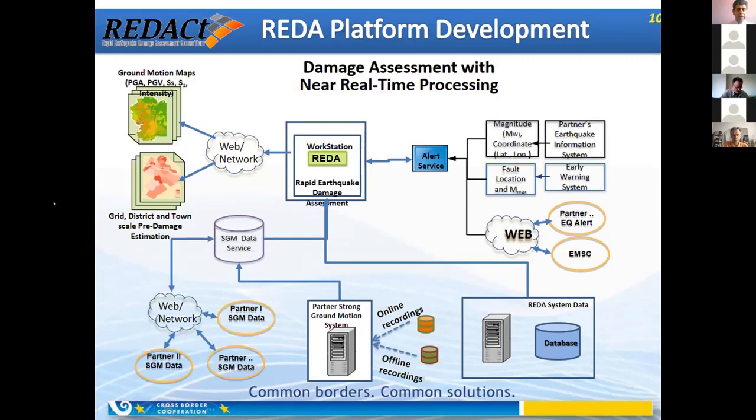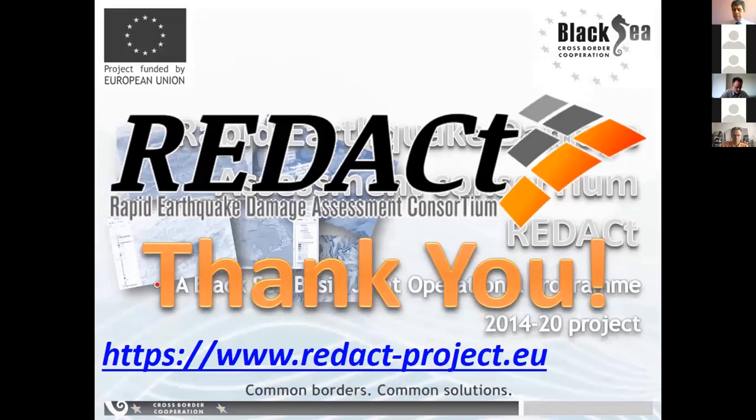This can be at the grid level, district level, or town scale level. We will have the damage estimations. So this is all of my presentation, how the REDA system will work.